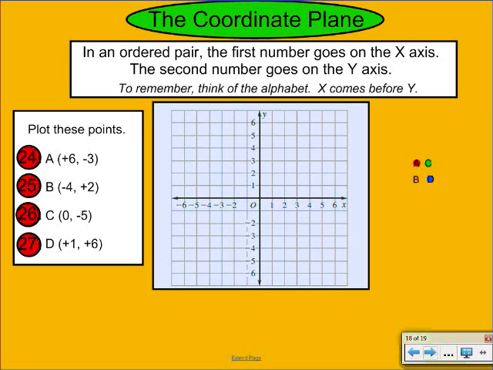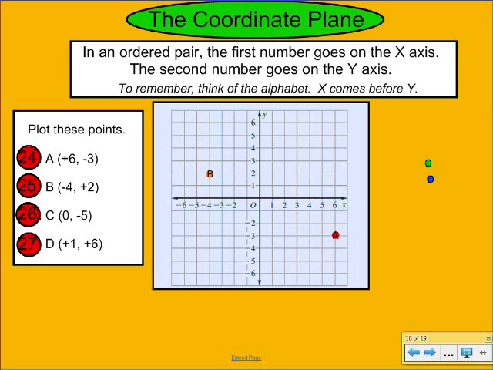Okay, welcome back. If we take a look at point A, it is on a positive 6 on the x and 3 on the y, and so, oh, I'm sorry, it's a negative 3 on the y, and that's going to give me A right there. So that would be positive 6, negative 3. For letter B, I'm going to go on the x first, negative 4, and then I'm going to go positive 2 on the y.